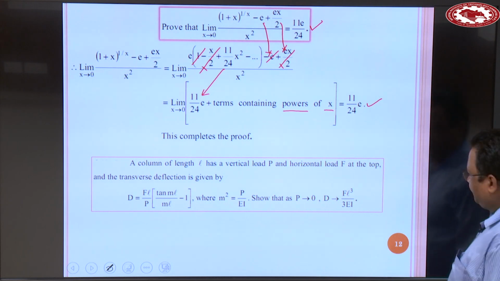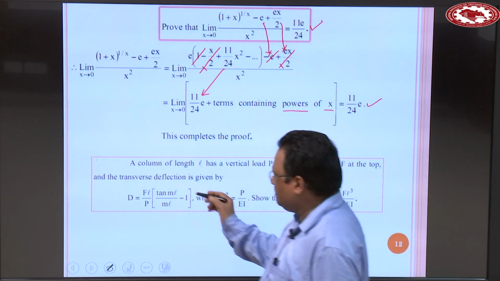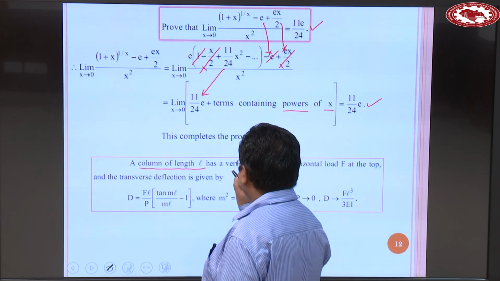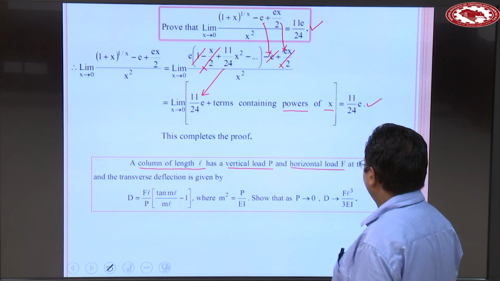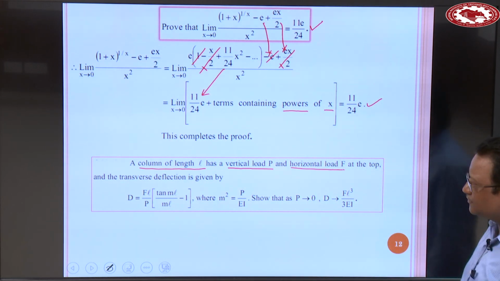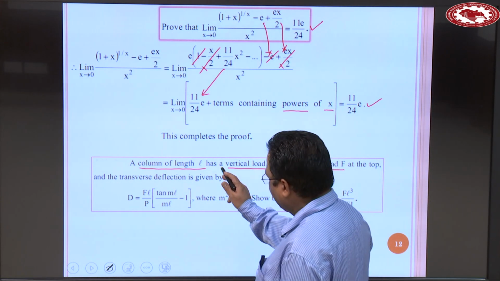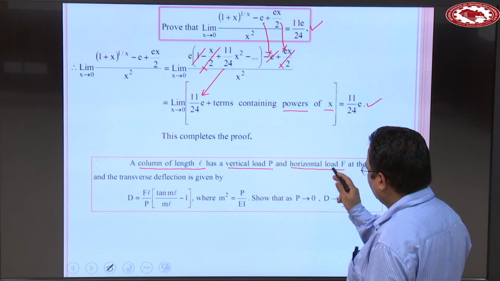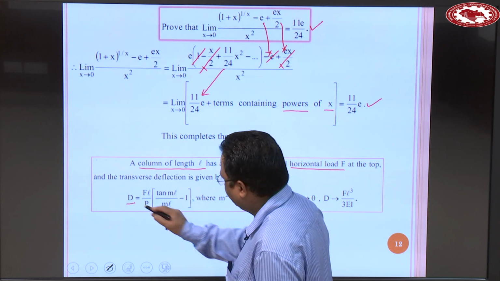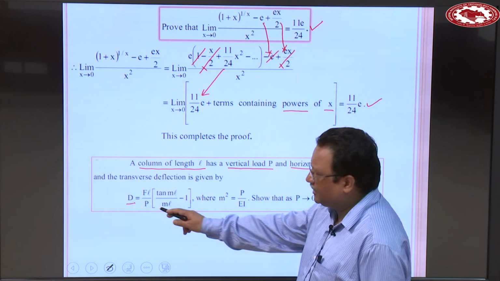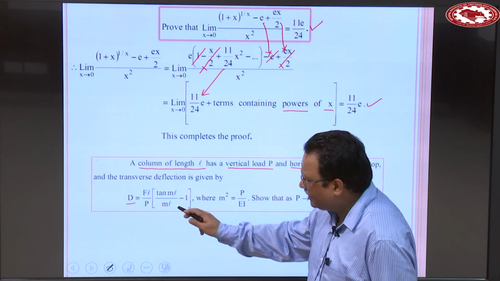One more problem. A column of length L has a vertical load P and horizontal load F at the top and the transverse deflection D is given by FL divided by P, tan ml over ml minus 1.